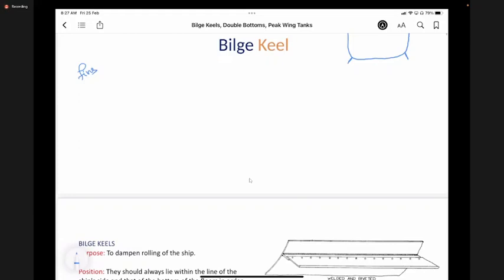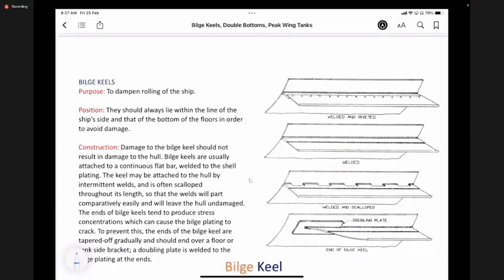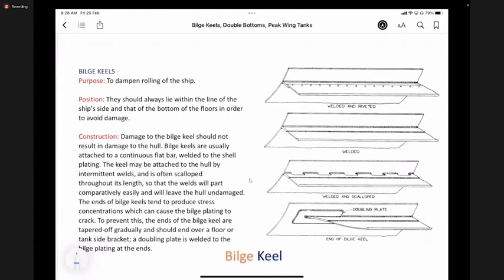When we place a bilge keel on a ship, the position of the bilge keel is determined from CFD analysis. We don't talk about it because CFD is something you study in masters or in higher level courses.